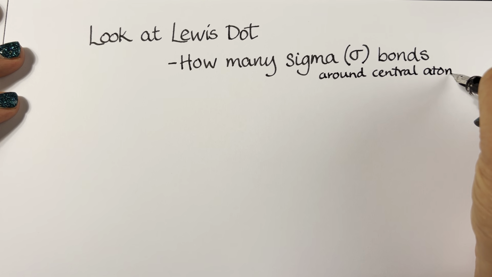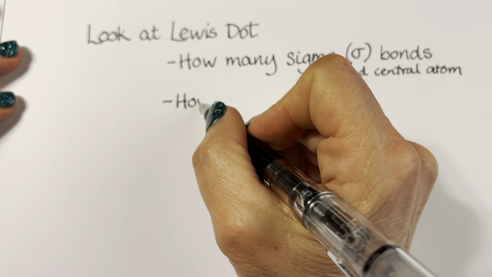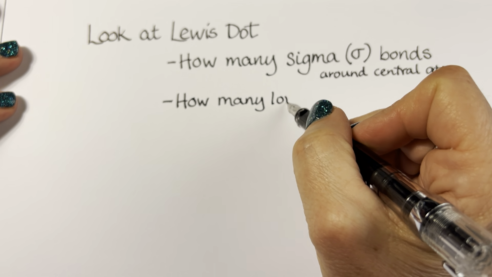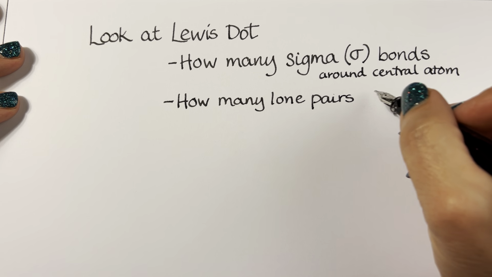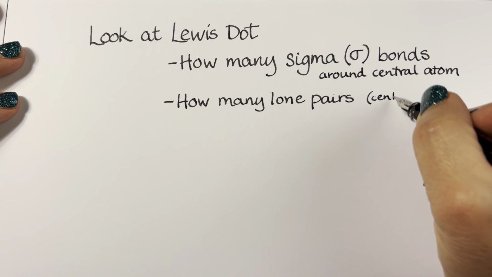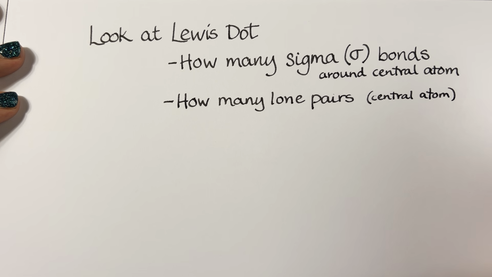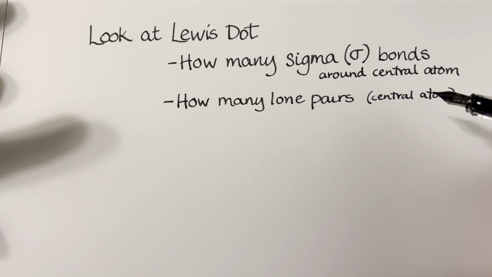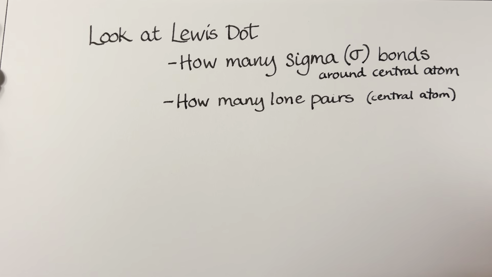You also want to ask how many lone pairs are there? Again, we are looking at the central atom. You can, of course, look at other atoms, but then you'd be looking at a different hybridization for those. We're just going to focus on the central atom.